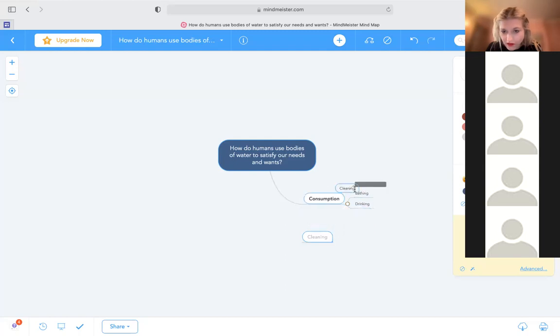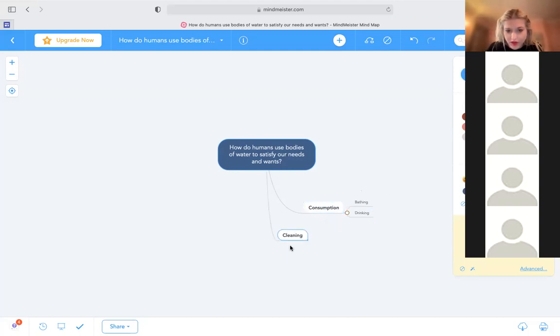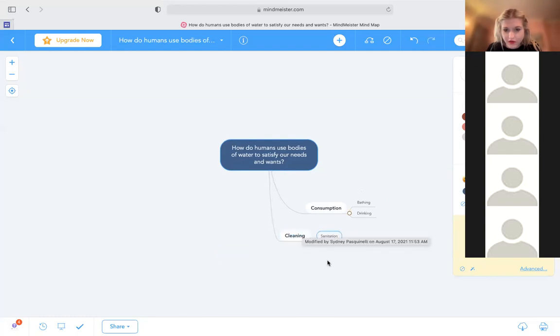Bathing, cleaning, not just cleaning ourselves, but like the medical industry, for example. Maybe we should keep it here, because how cleanly would our medical industry, like hospitals, be if we didn't have running water?